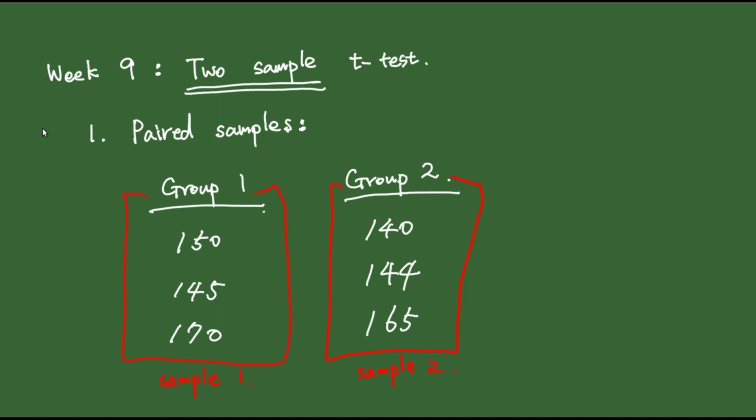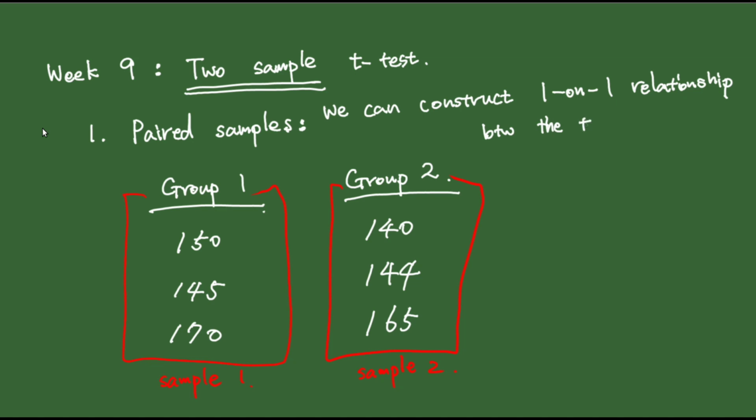But when we say these are paired samples, that means we can construct a one-on-one relationship between the two groups.